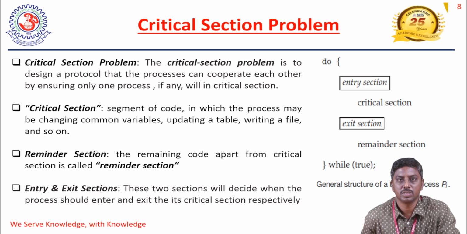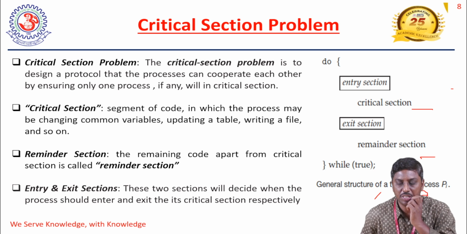Clear, right? So how can we ensure this? If you observe the figure here, assume this is some general process P. A typical process P will always have two sections, namely a critical section and a remainder section.